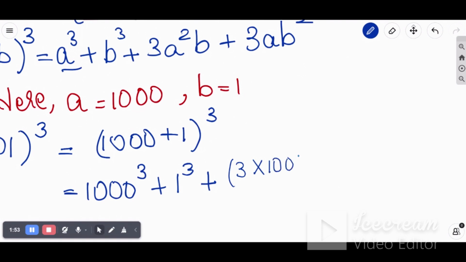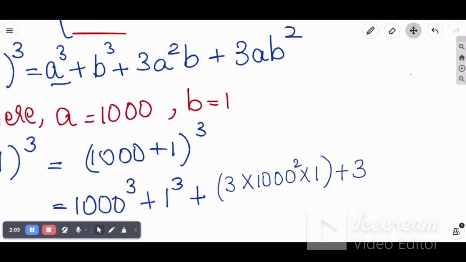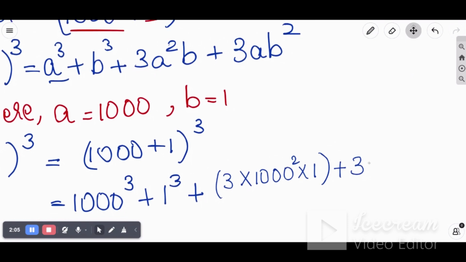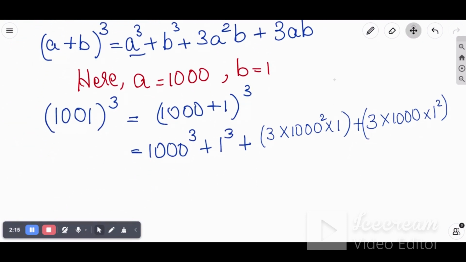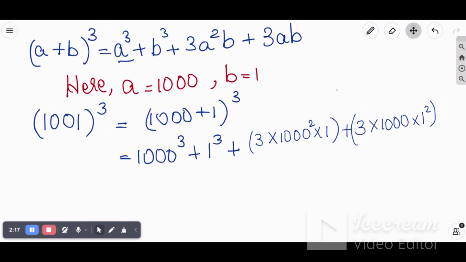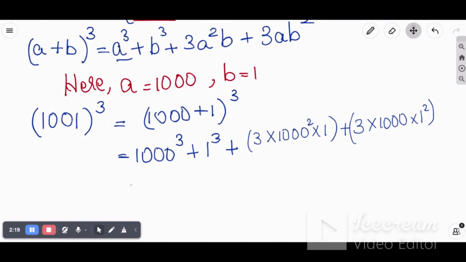A is 1000. 1000 into your b. Okay, so a square, so 1000 square into b, plus 3 times, your next step will be a b square, right? So that will be 3 times into a is 1000 and your b square. So do apply this formula carefully. 1000 cube, a cube, plus 1 cube plus 3 a square b and 3 ab square.